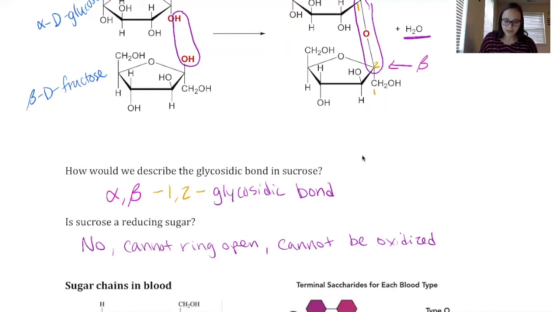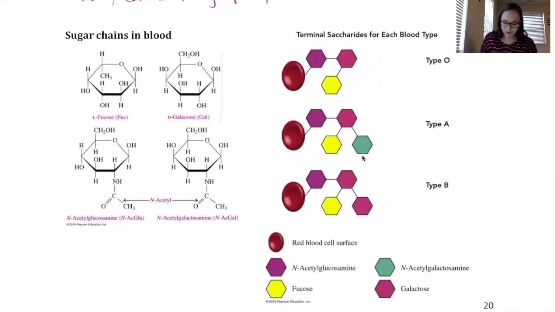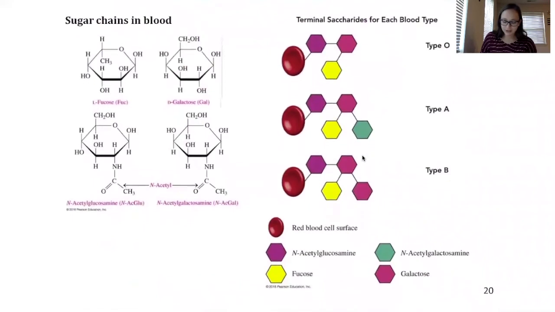Just last but not least, the sugar chains in our blood are really important. We have these glycosidic bonds and saccharides, called terminal saccharides, in our blood types. Our blood has these sugars hanging off the red blood cells, and that is what defines the different types of your blood type.